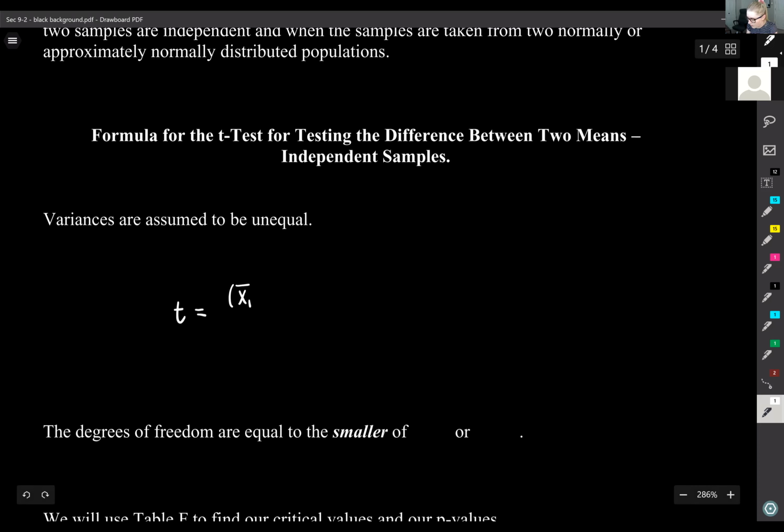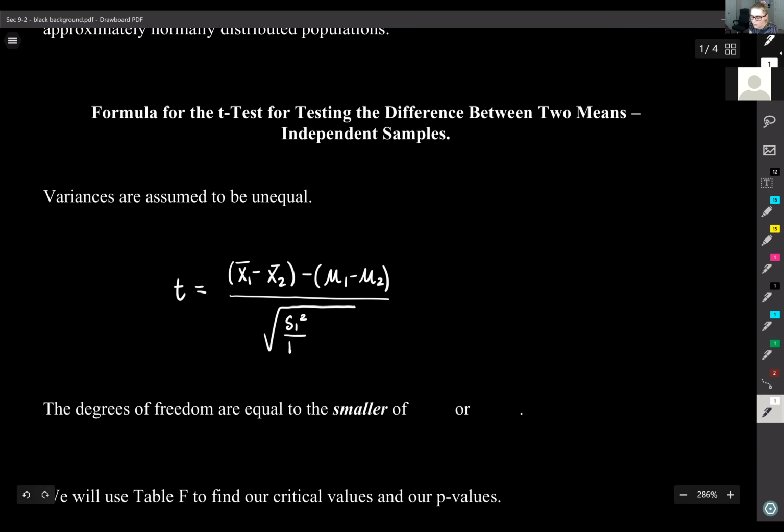So x1 bar minus x2 bar, and the reason we have x1 and x2 is because of two different samples, minus mu1 minus mu2, over the square root of s1 squared over n1 plus s2 squared over n2.